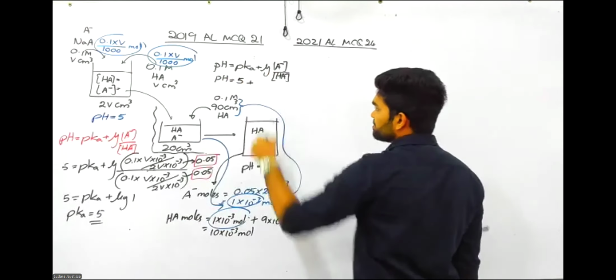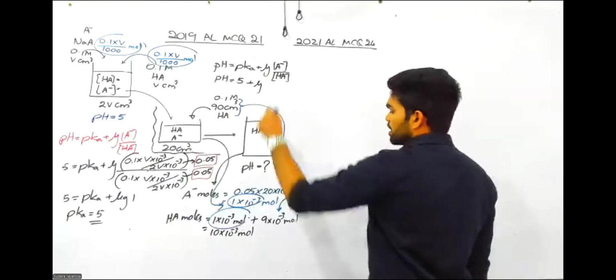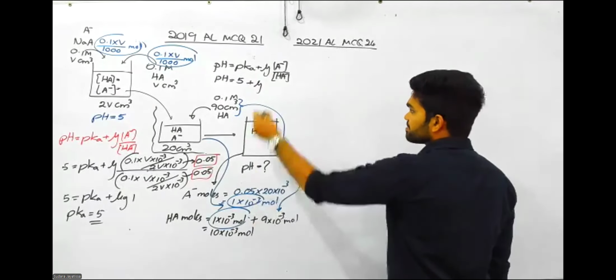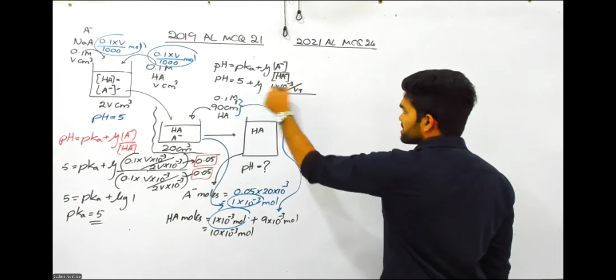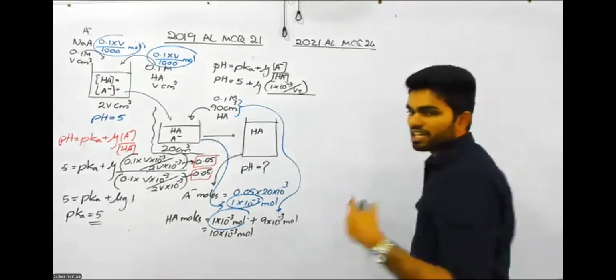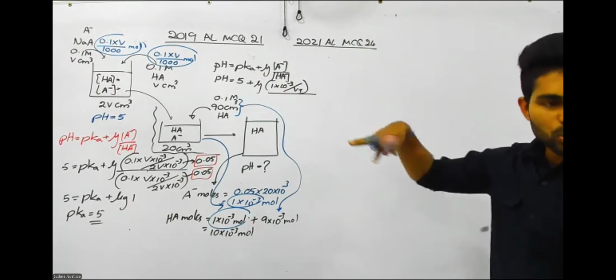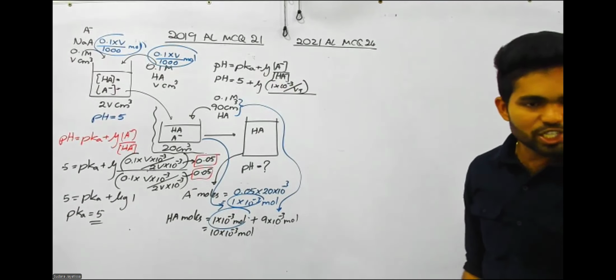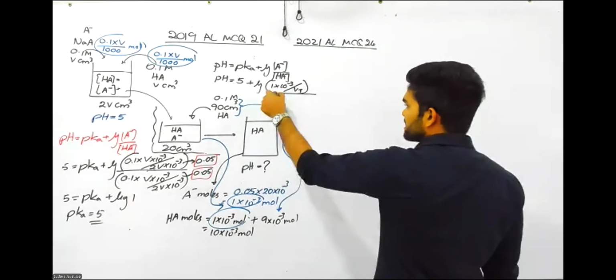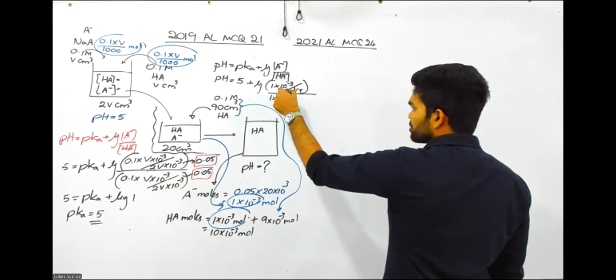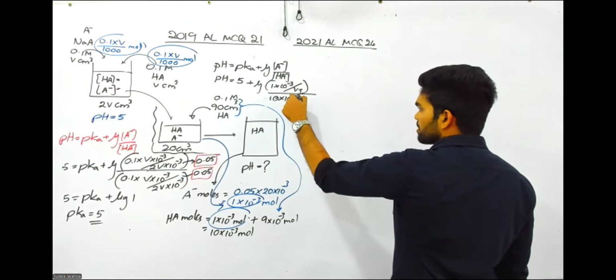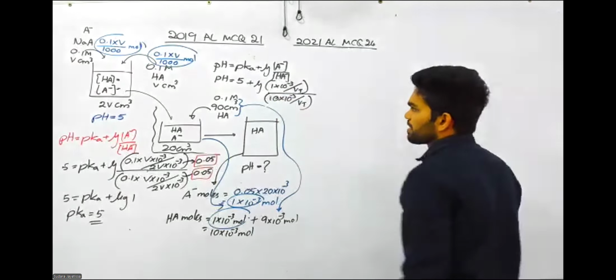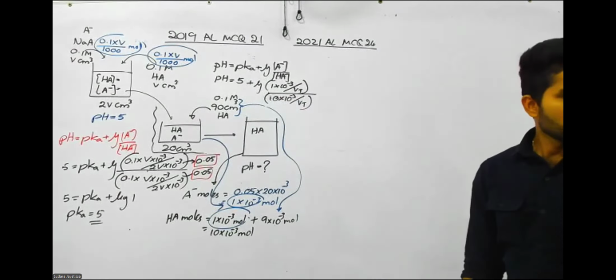You found it is 5, and log of A minus concentration, which is 1 into 10 to the power minus 3 over the total volume. The total volume we cancel in MCQs. And HA concentration is 1 into 10 to the power minus 2, or 10 into 10 to the power minus 3 over the total volume.